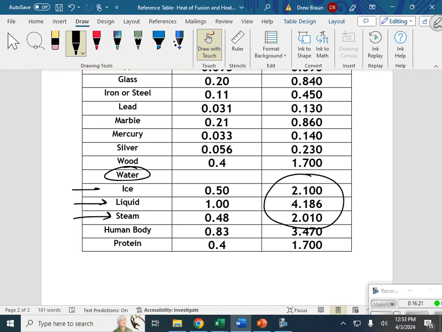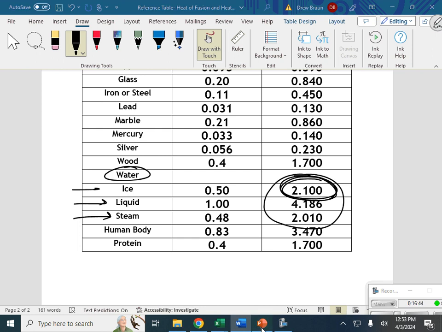So when we're talking about the specific heat of a solid, and we're dealing with water, that solid is going to be ice, and that specific heat is going to be right there, 2.100.